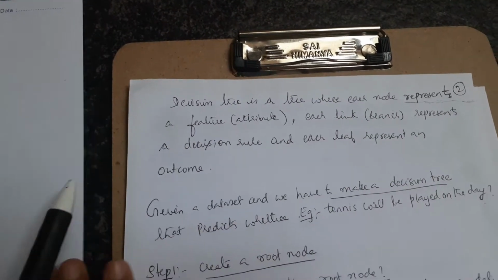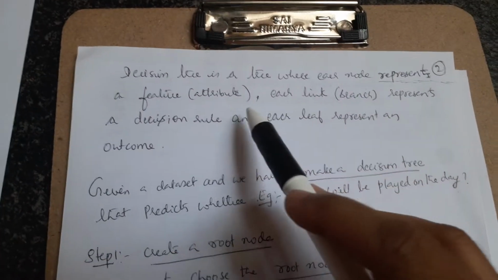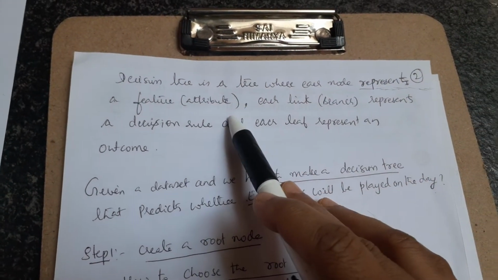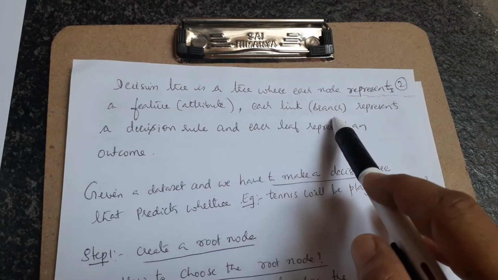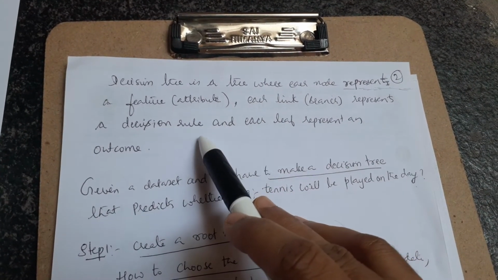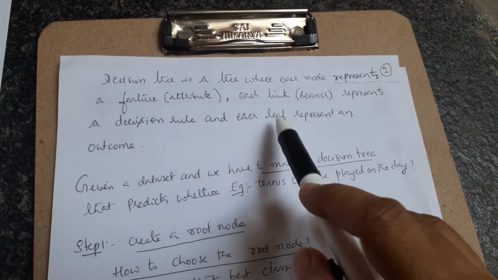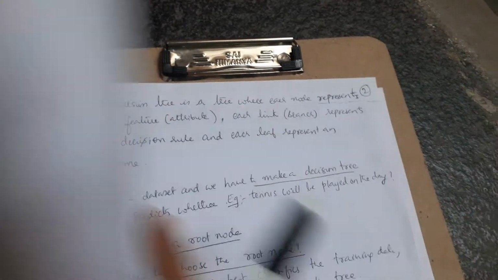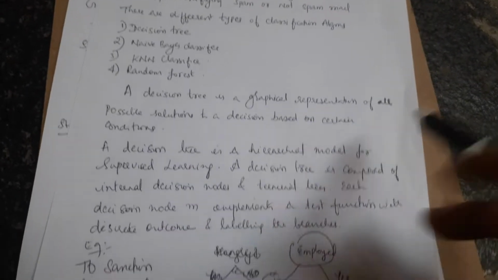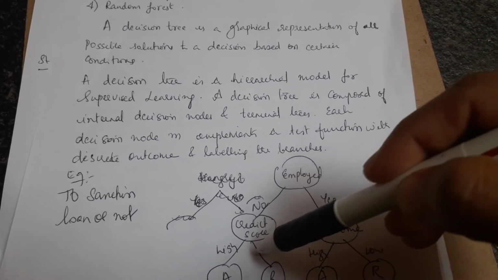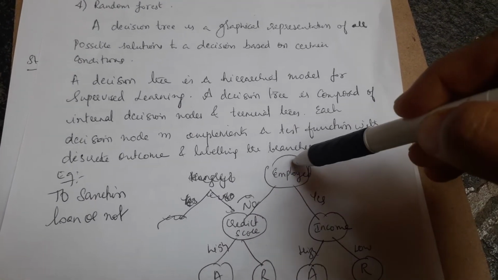A decision tree is a tree where each node represents a feature or attribute, each link branches based upon a decision rule, and each leaf is an outcome. Just now I explained that each node is an attribute or a feature in the data set.